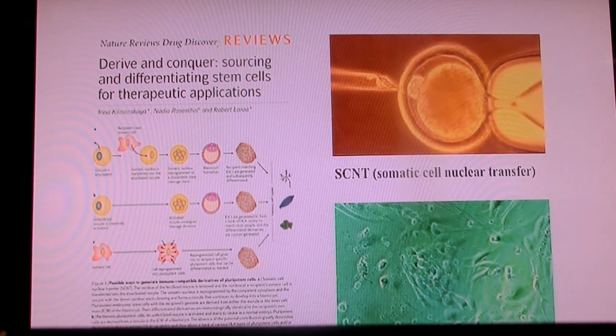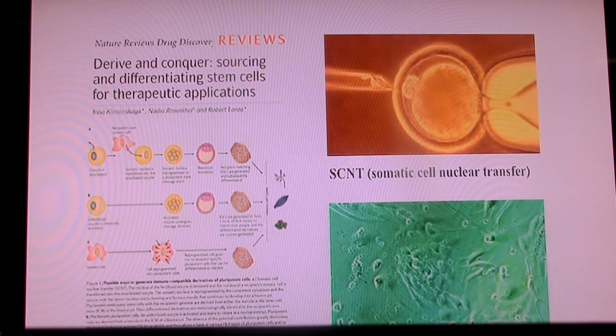You take the cell you want to clone and place it right next to that empty egg. Then when you send an electrical charge through, the two cells fuse, and the DNA from the cell you want to clone dumps into that empty egg. Then you add some chemicals and you fool that unit into thinking it was fertilized. It starts to divide and creates a pre-implantation embryo, perhaps no bigger than a grain of sand.